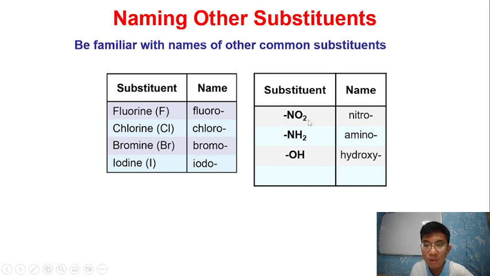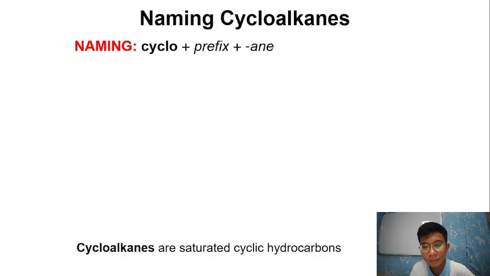This one is NO2, which we call nitro. NH2 is called amino, and OH is called hydroxy. In our alcohols discussion last time, I introduced the OH group as hydroxyl, but what we will use is just hydroxy. Okay?